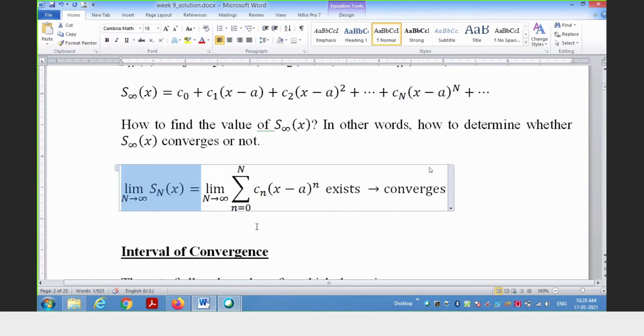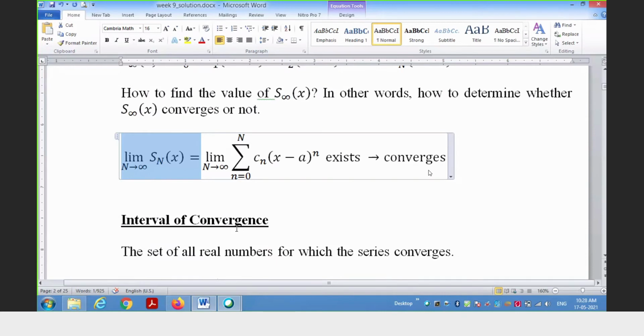You also learned in calculus 2 how to find the interval of convergence and also the radius of convergence. Why do we need to find the interval of convergence and the radius of convergence? I will explain later.